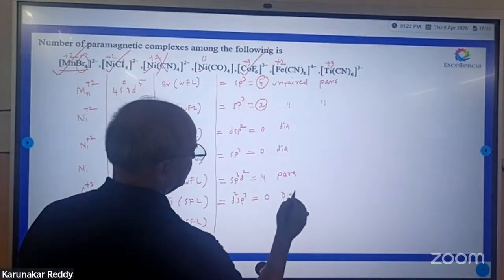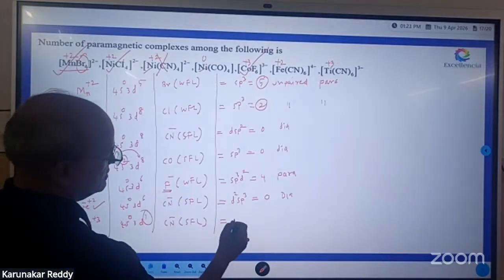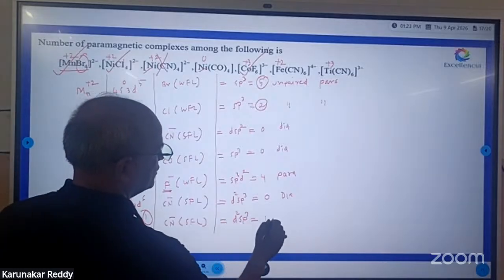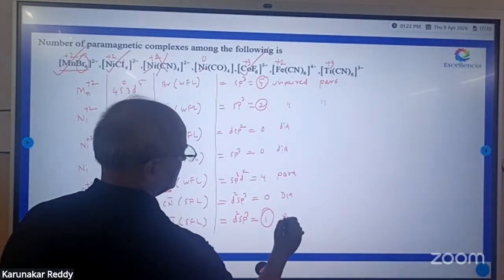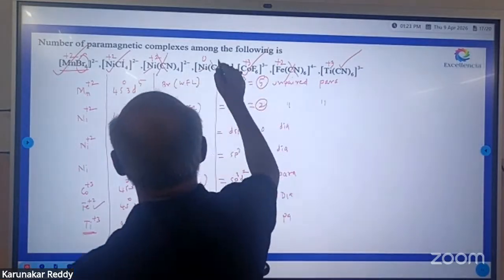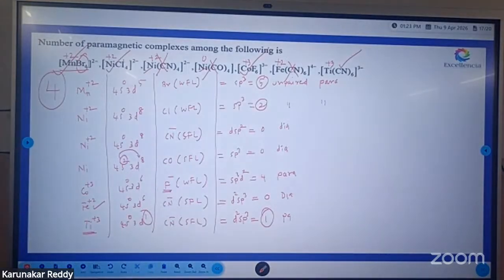So it's diamagnetic in nature. Ti +3 is there. So of course it is showing one unpaired electron. Since it is d2sp3 hybridization and one unpaired, you may say that it is paramagnetic. So this one is para, this one is diamagnetic, this one is diamagnetic. So the answer is 4. So 4 will be the answer.